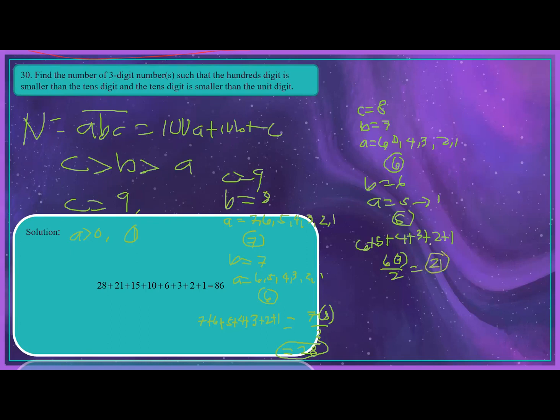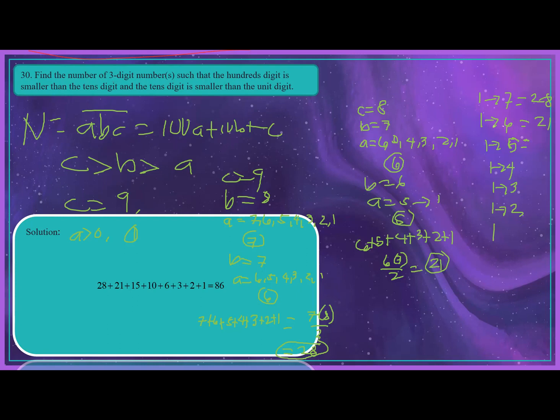Okay, so basically, the pattern repeats: from 1 to 7, then 1 to 6, then 1 to 5, then 1 to 4, then 1 to 3, then 1 to 2, and 1. Here from 1 to 7, in total, this is 28. Then 6 is 21. Then when C equals 7, this means B is 6 and A would start from 5 to 1.